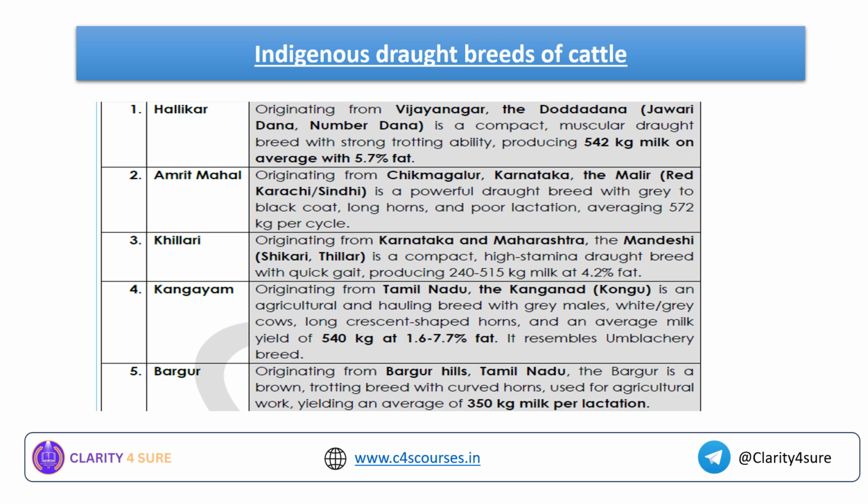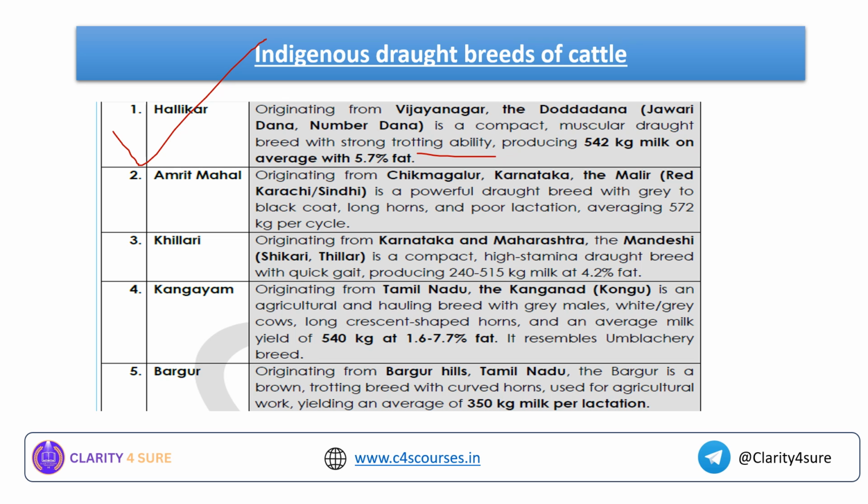Now coming to the indigenous draught breeds of cattle. We have seen the milch breeds, now we are going to see the draught breeds. First comes your Hallikar. This Hallikar has its origin from the Vijayanagar Empire, that is the present-day Mysore Karnataka region. It is a very compact muscular draught breed with strong trotting ability.